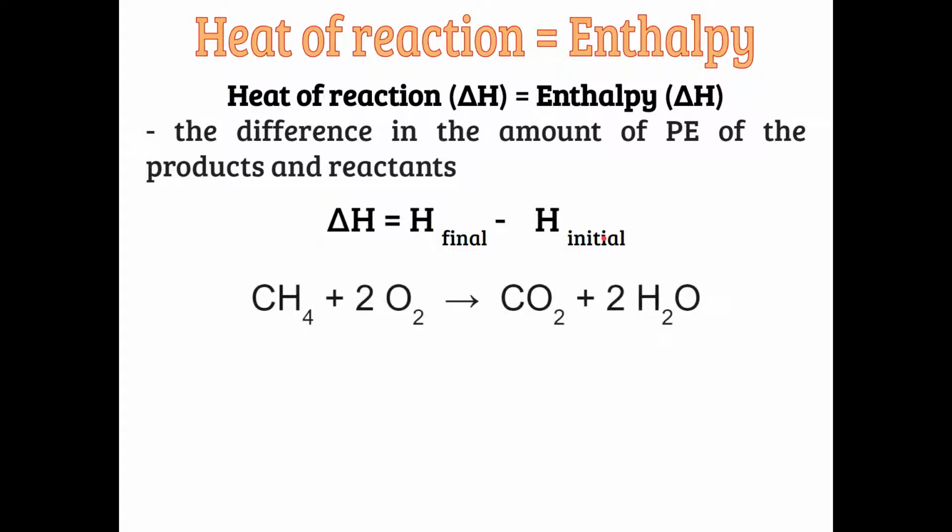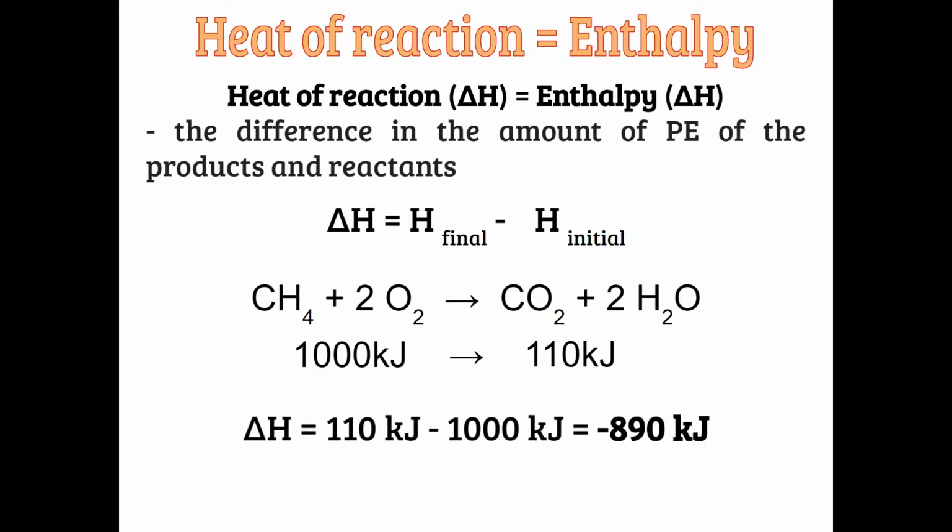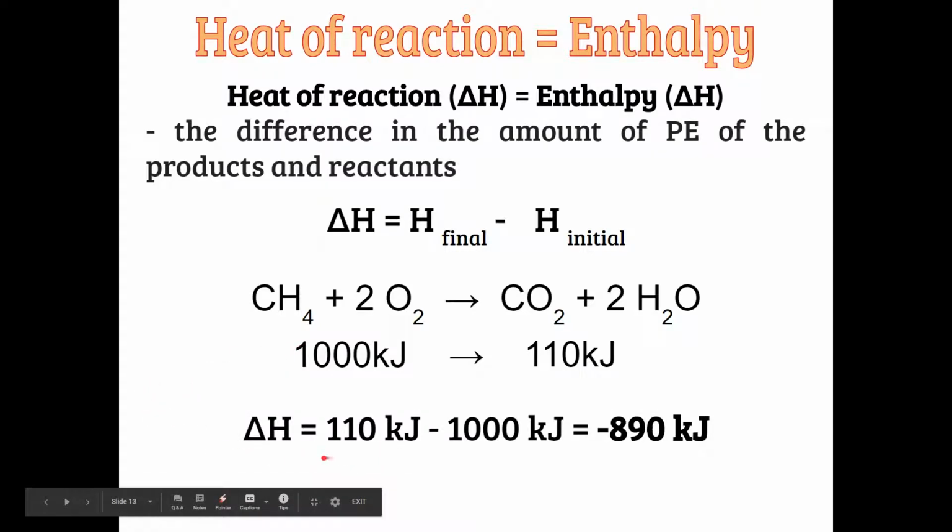If we go back to our reaction of burning methane, where 1000 kilojoules converted themselves into 110, we can calculate the enthalpy, the heat of reaction, as 110 kilojoules, potential energy of the products, minus potential energy of the reactants, 1000 kilojoules, which gives me negative 890 kilojoules. So the amount of energy released was 890 kilojoules.